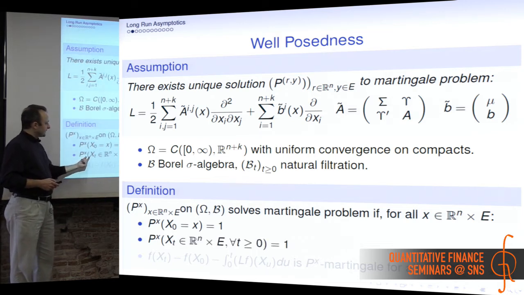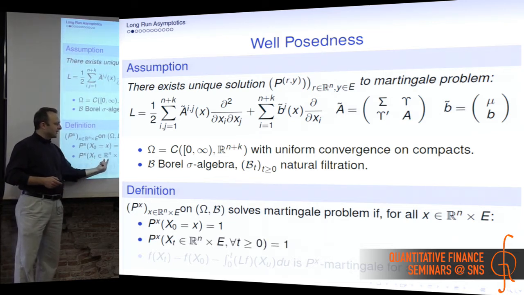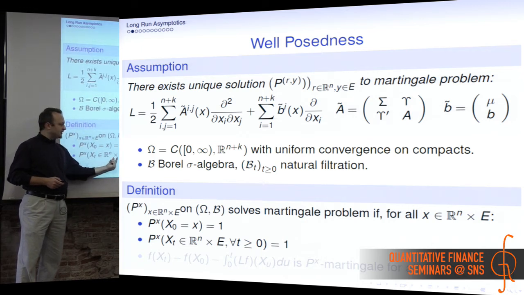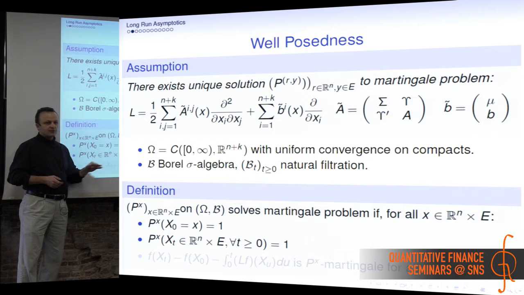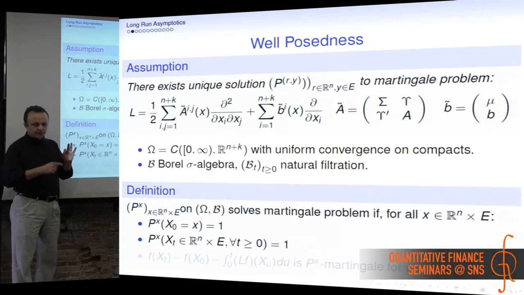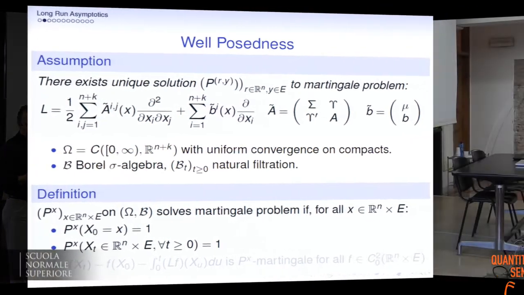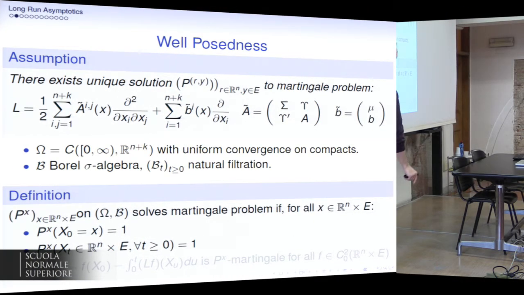This is just saying that X begins at x. We want that Xt lives in R^D times E with probability 1 at all times, so it must not get out of R^D times E. So in particular, it should not hit the boundaries, okay? So if you have a Cox-Ingersoll-Ross that touches 0, that's not okay.